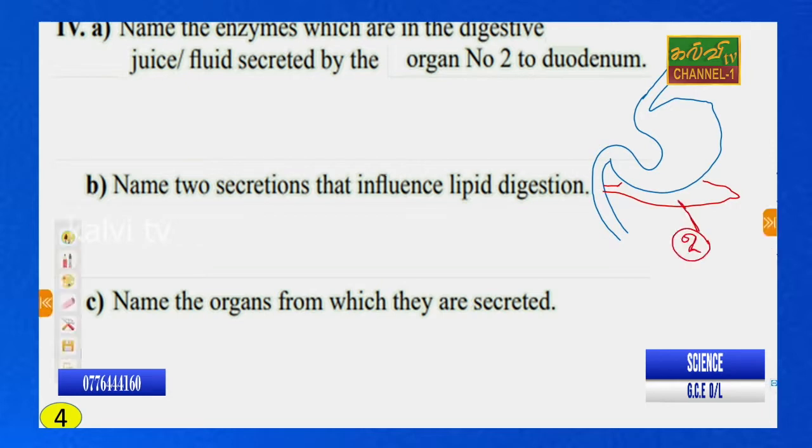See the question now. Name the enzymes which are in the digestive juice, fluid secreted by organ number 2. So we would write the answer: trypsin, right? That's trypsin, and amylase. Trypsin and amylase.